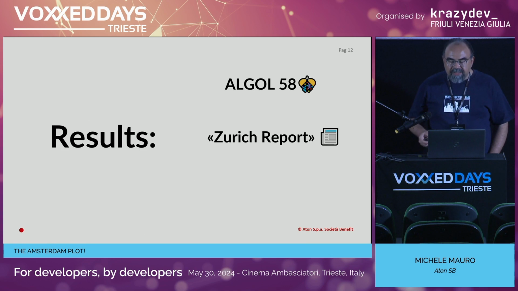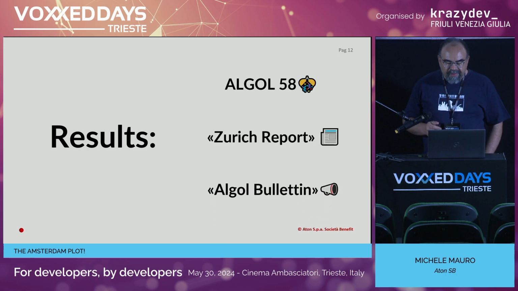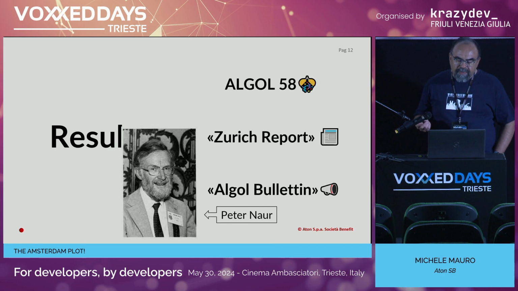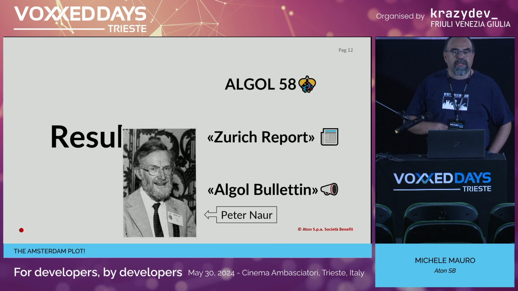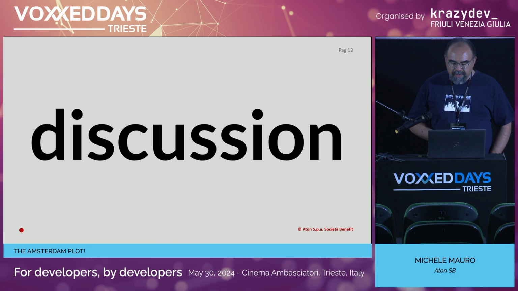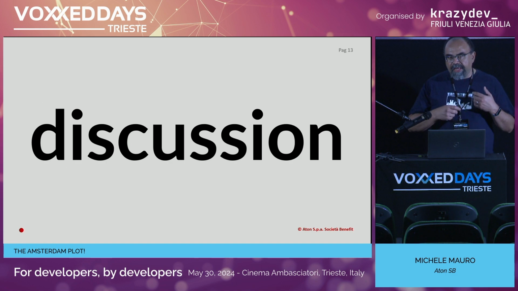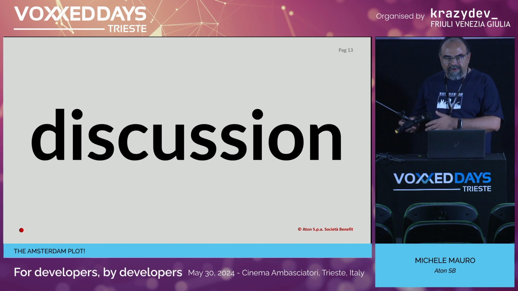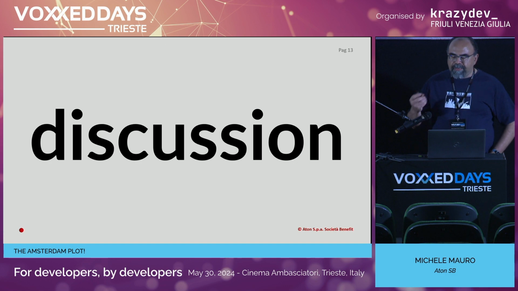But soon there were remarks and observations, and so Peter Naur started collecting the ALGOL Bulletin and started circulating it among the conference participants to coordinate the exchange of opinions, the issues, corrections to the standard, and so on. And there were a lot of things to discuss because, of course, you never get it right the first time. So there were discussions about specific features, discussions about overall objectives and perspectives, and so on.